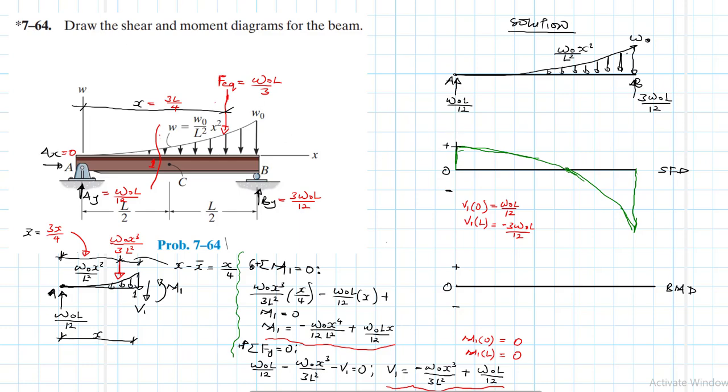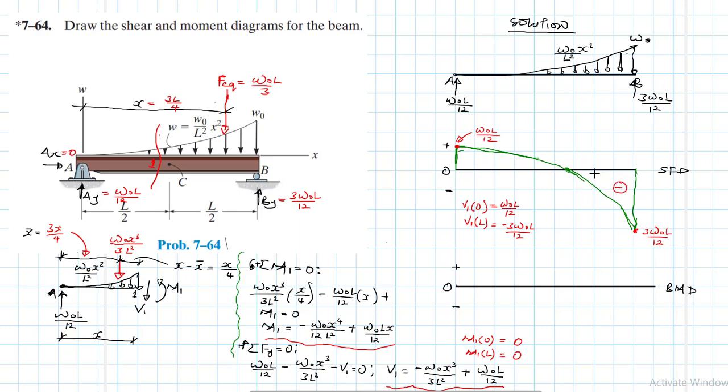We have this point here we've been told is W naught L divided by 12, and then this point here is 3 W naught L divided by 12.